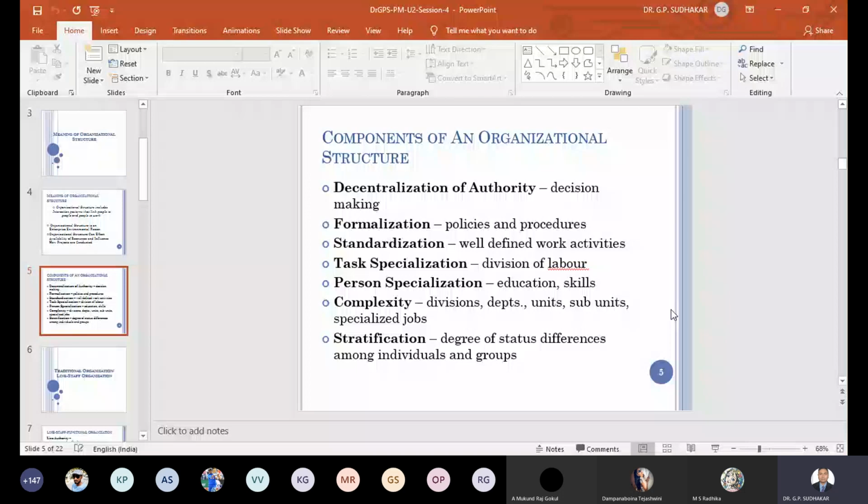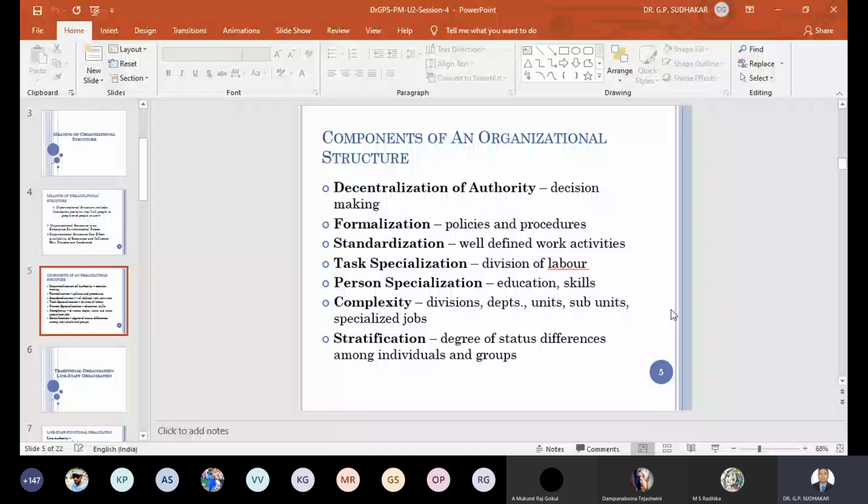Next, task specialization. What is the meaning of task specialization? One of the components of organization structure is task specialization. For example, take a functional organization. I will show you the functional organization structure design. The HR team's task is specific to HR, that is task specialization. The finance team will do only finance tasks.